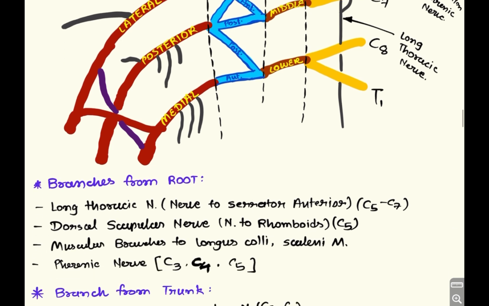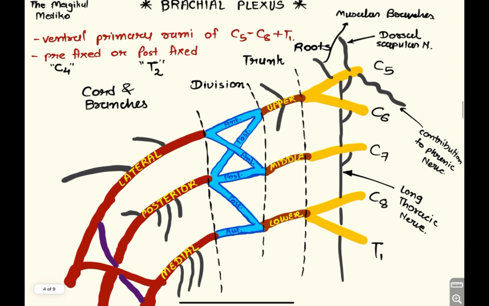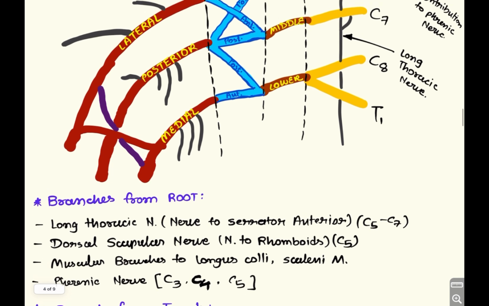It supplies the rhomboids, rhomboid major and rhomboid minor, so the dorsal scapular nerve is also known as the nerve to rhomboids, and has a root value of C5. We have some muscular branches to some muscles of the head and neck, like longus colli and the scalene muscles, right? And lastly we have the phrenic nerve. Phrenic nerve originates from C3, C4 and C5 roots.